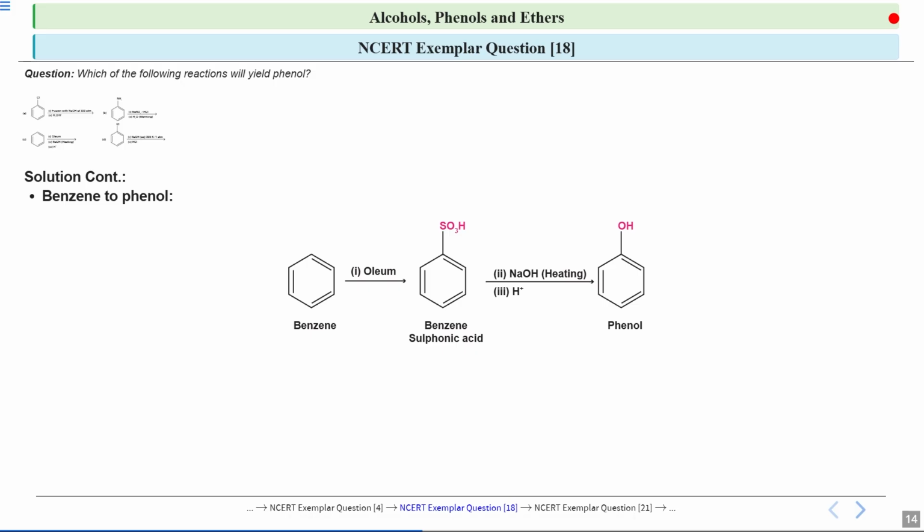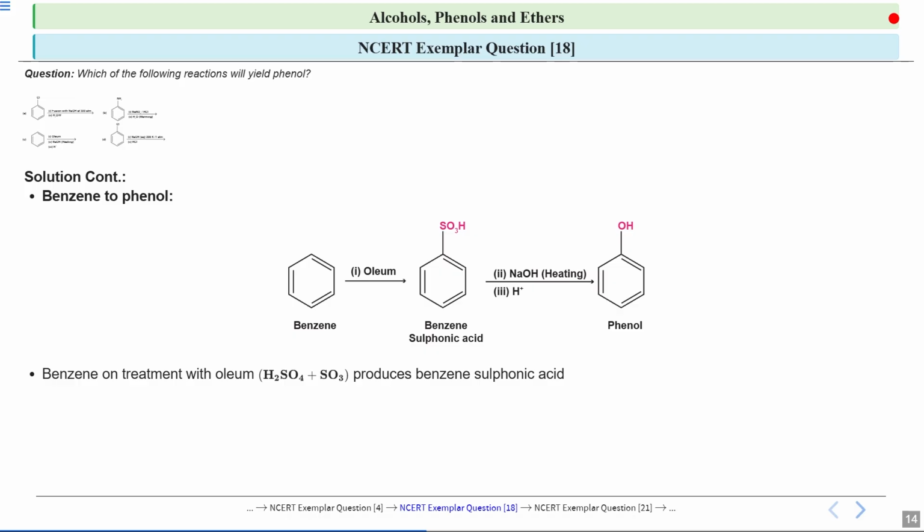So this is how from benzene you get benzene sulfonic acid, and then this benzene sulfonic acid is heated with NaOH and then further acidified to give phenol. So this is benzene on treatment with oleum, which is H2SO4 and SO3, producing benzene sulfonic acid.